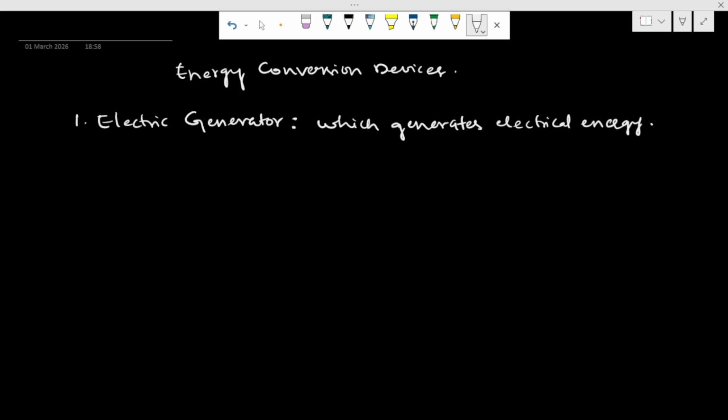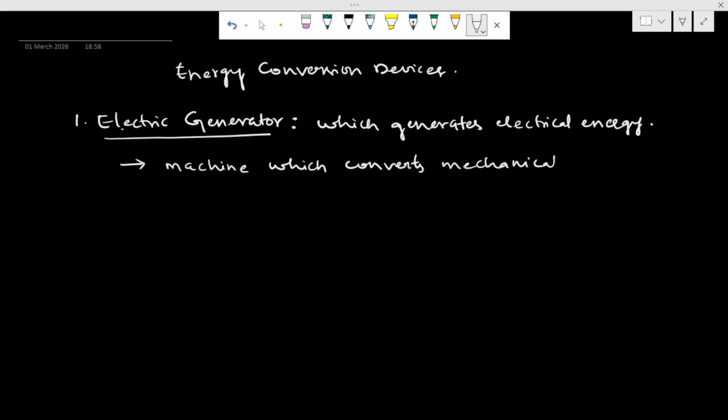In a formal way, we write the electrical generator definition as: machine which converts mechanical energy into electrical energy in the presence of magnetic field.